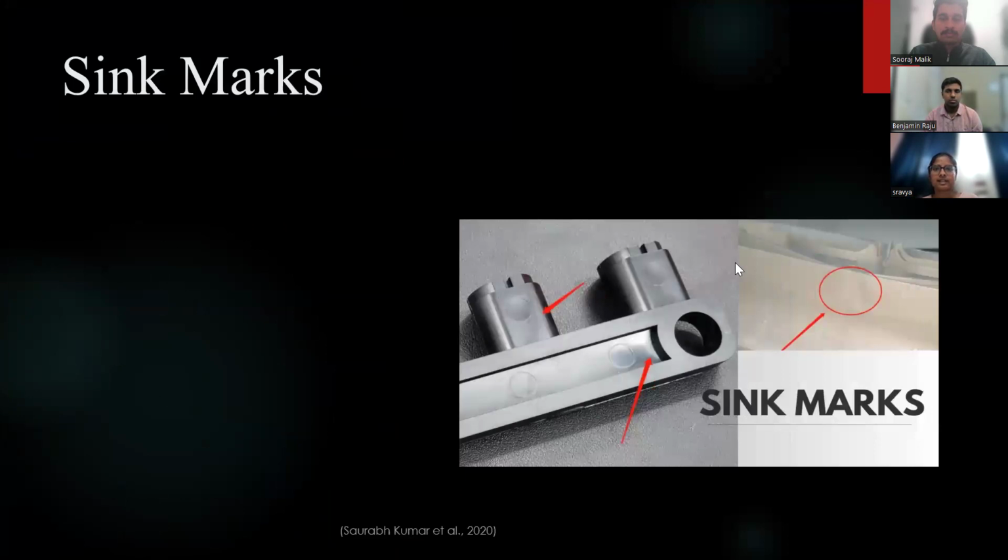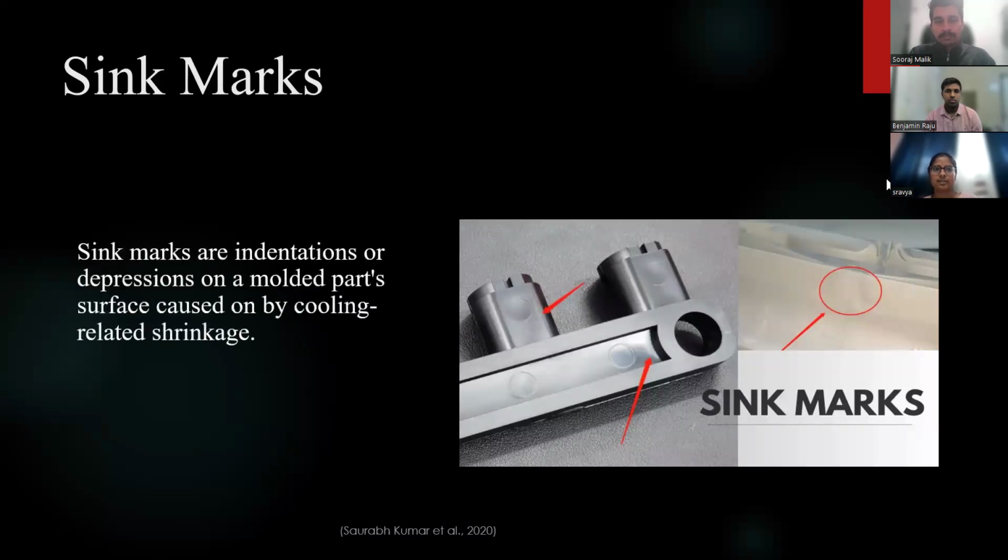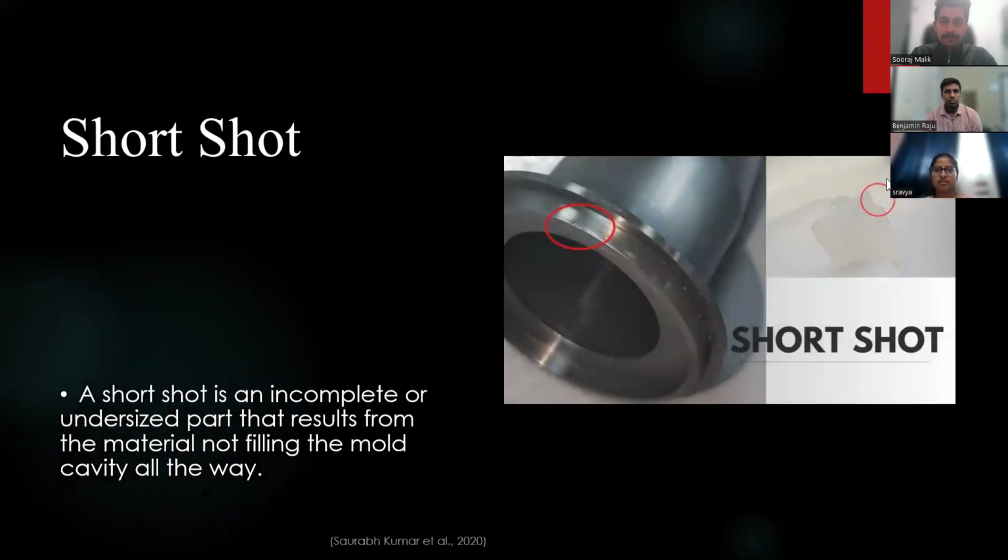The first one is sink marks. Here in the picture, you can see what a sink mark looks like. It is nothing but a depression on the molded part's surface, caused by cooling-related shrinkage. The next one is the short shot.